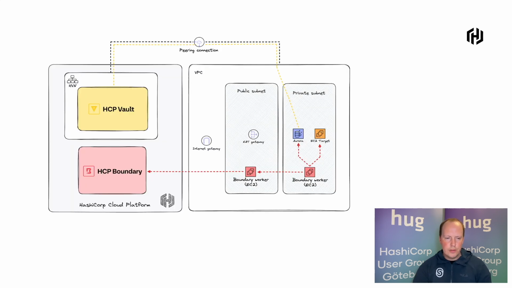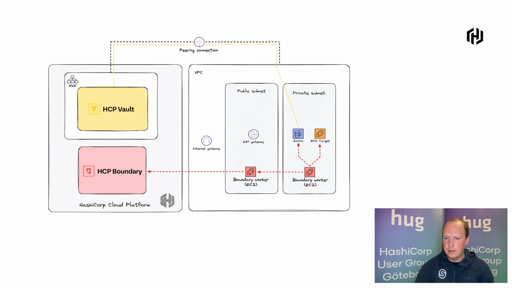All right, the infrastructure we will be looking at looks like this. On the left, I have my HashiCorp Cloud Platform organization with Boundary and Vault. And on the right, I have my VPC running in AWS. I have two subnets, one public and one private. I have a Boundary worker in each of the subnets. And in the private subnet, I have two types of targets that we will access.